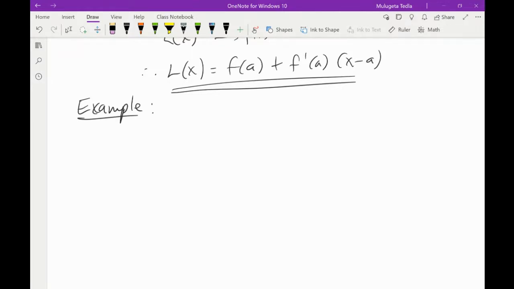So it says number 22, example page 764, number 22.